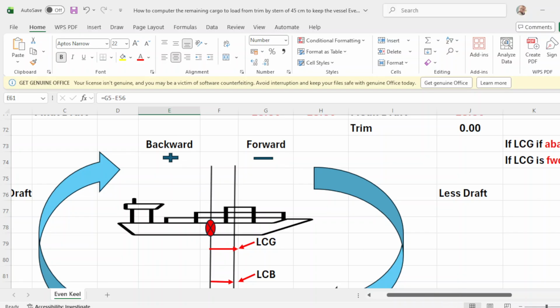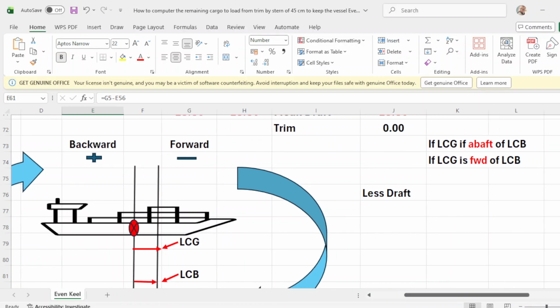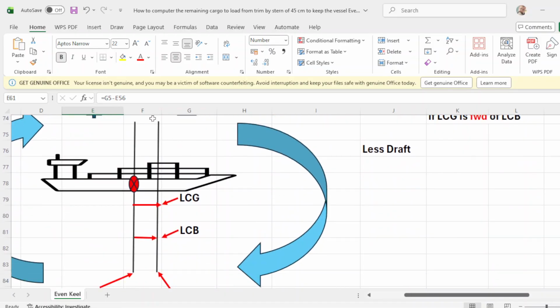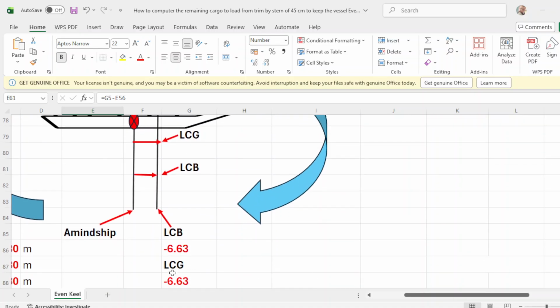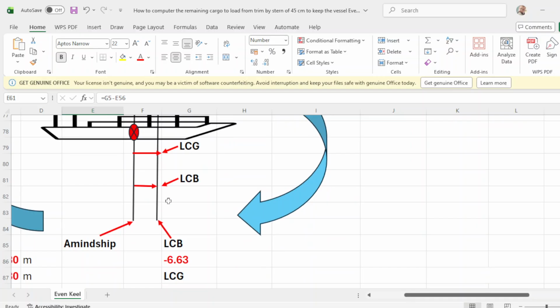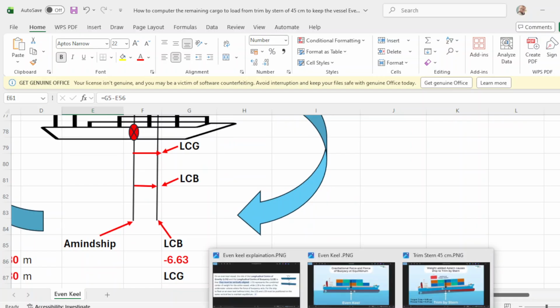Since your LCB is negative 63, you measure from amidship going forward 6.3, and that will be your LCB. So your LCB is negative 63 from this one, okay? That is your LCB.